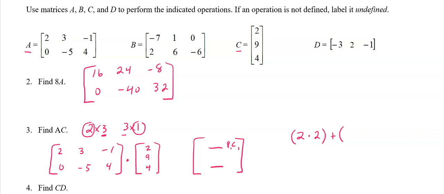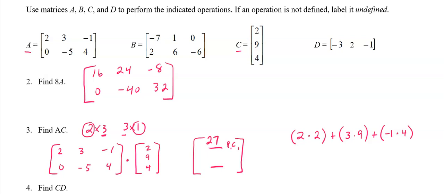And you're always adding the second element, which is 3, times the second element, which is 9. And then finally the third element, which is -1, times the third element of the right, which is 4. You put all those products together: 4 plus 27 is 31, minus 4 makes 27.